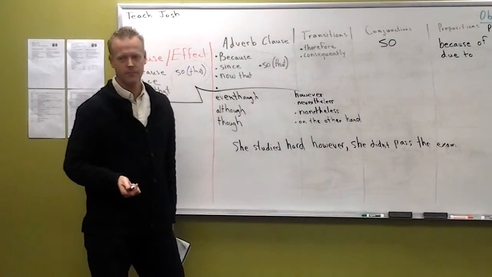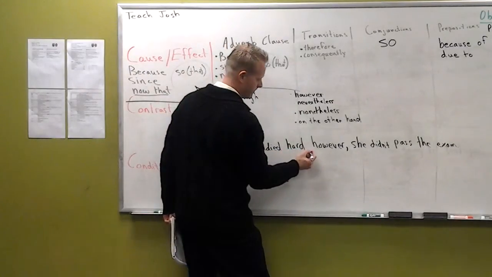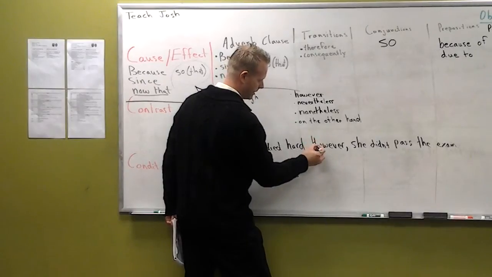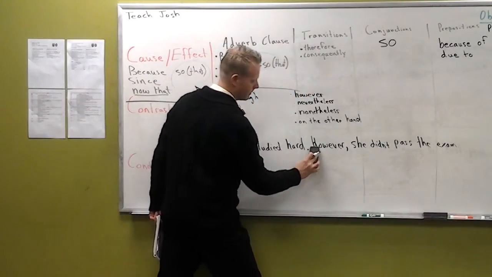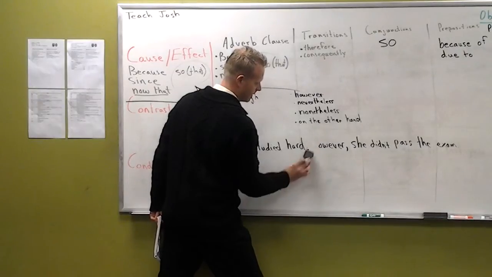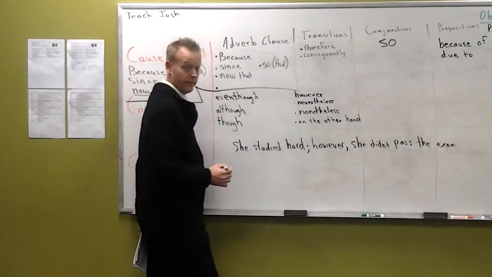And before the however, is it a comma? You could. This is an option. You could do this and capitalize it. That's an option. Okay? Semicolon. Good. If you're going to leave it all together, you need a semicolon there.